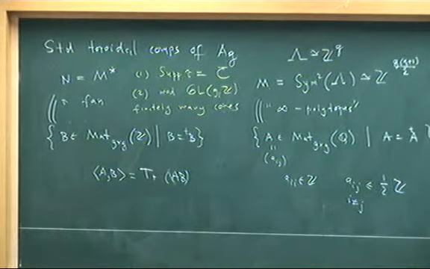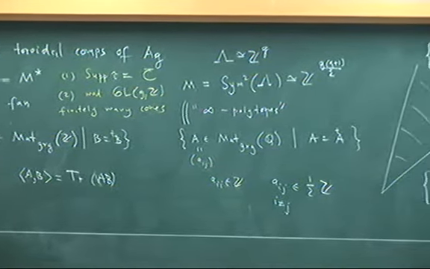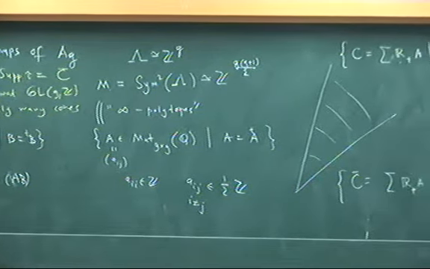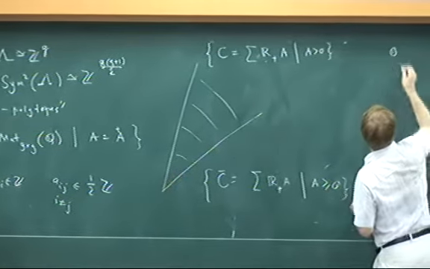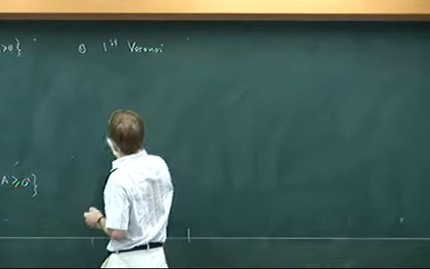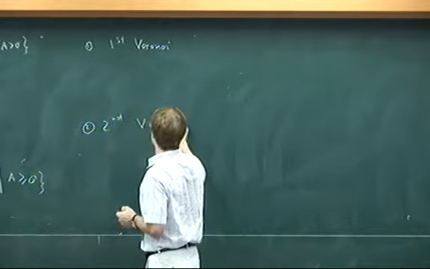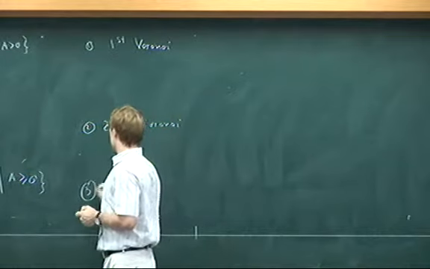And if you have such a fan, then there is a toroidal compactification of A_g corresponding to it. And the three compactifications are the first Voronoi, the second Voronoi, and the Igusa blow-up.